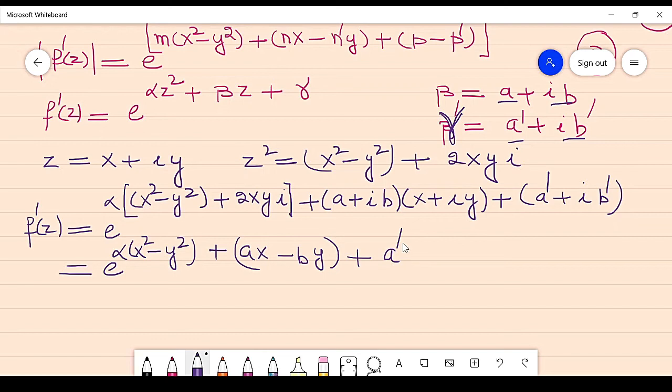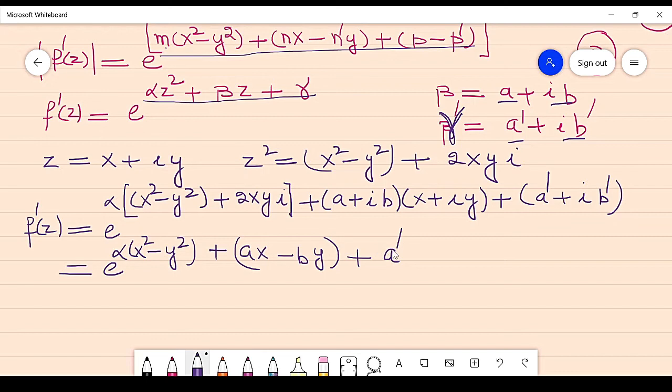Now this result is similar to the earlier result. The only difference is the name of the constants: here it is m, here it is alpha, multiplied by x square minus y square, and here nx minus n dash y, here ax minus by.